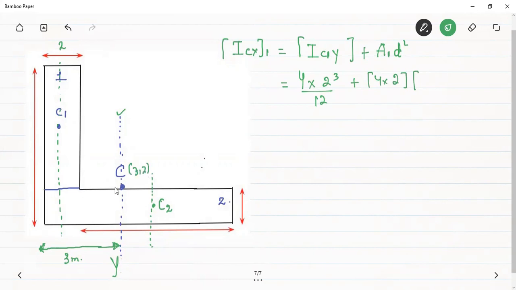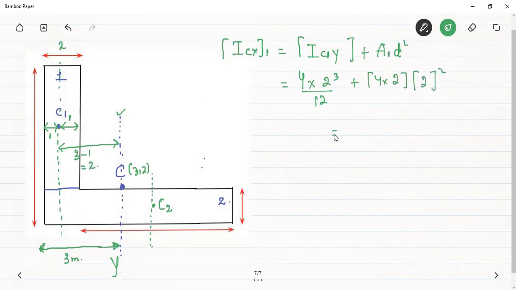Now this distance will be 1, and this distance is also 1. I am interested in finding this distance. This complete distance is 3, minus this 1 from here, so this distance will be equal to 3 minus 1, that is 2. So the distance between these two axes is equal to 2, therefore 2 square.